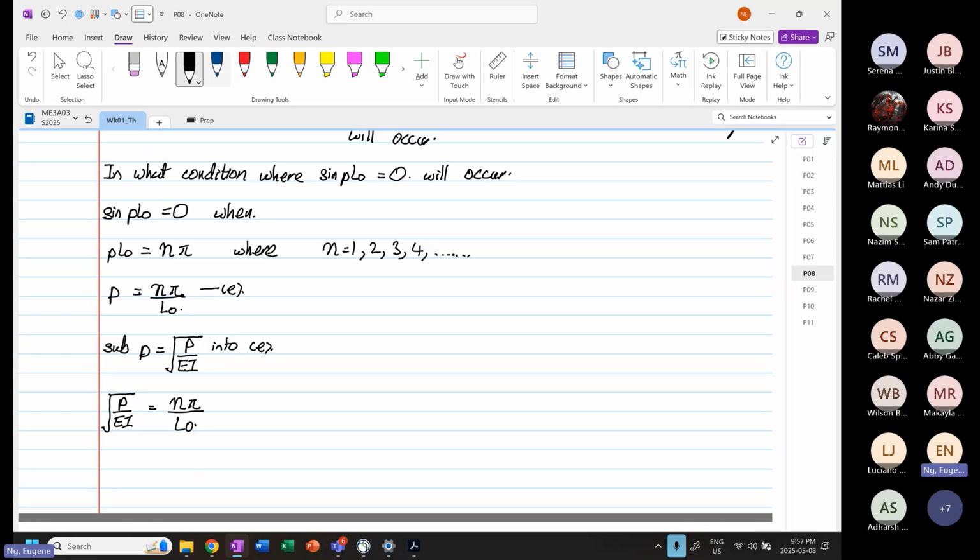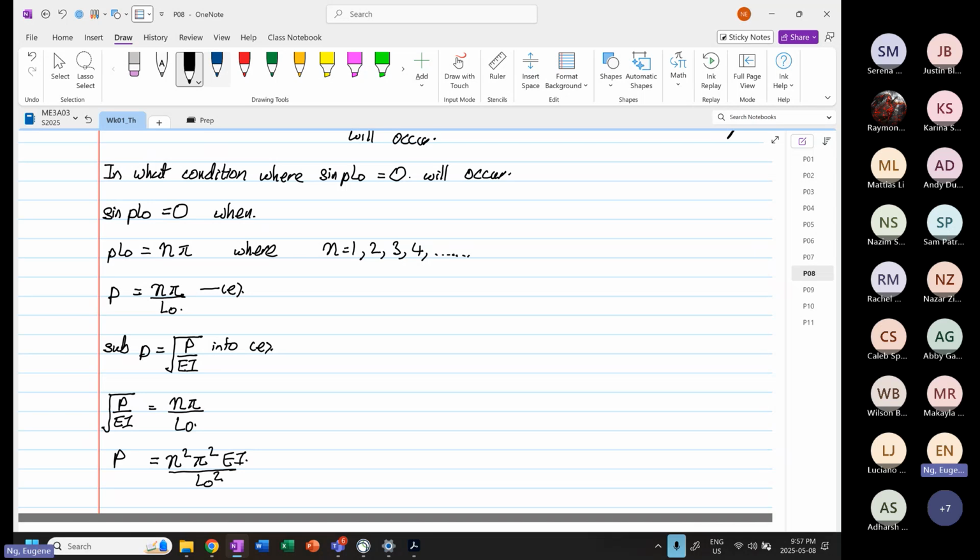If we rearrange this equation, we have P is equal to n squared pi squared EI over L0 squared.